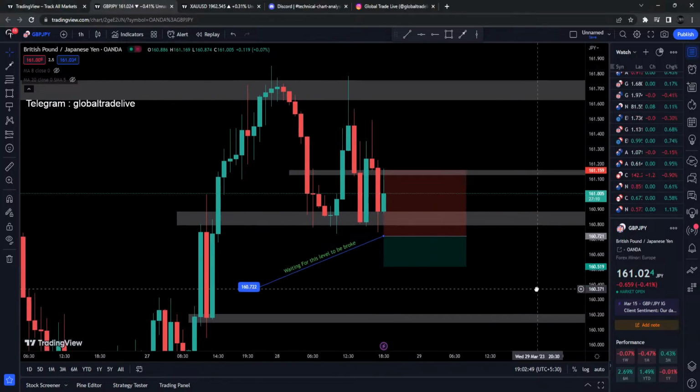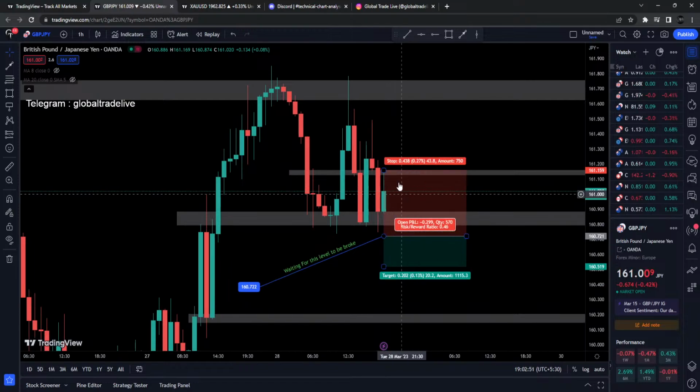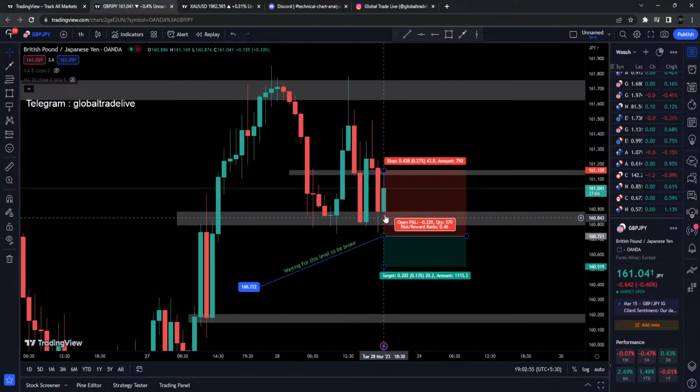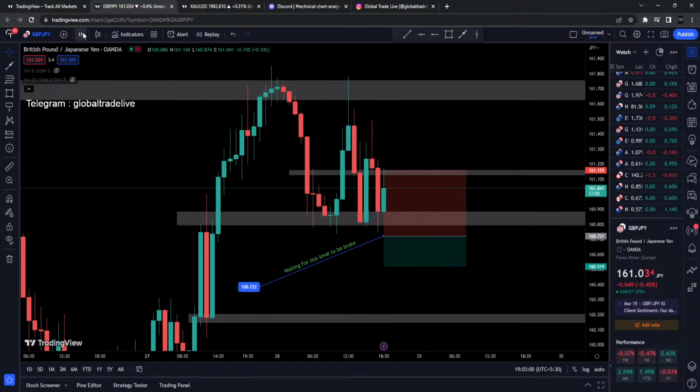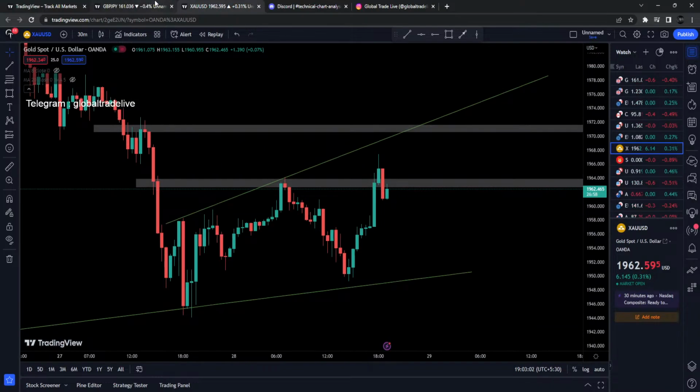So I think we might get a really nice candle if it just breaks its own low. But let's see what happens. Let's see, guys.